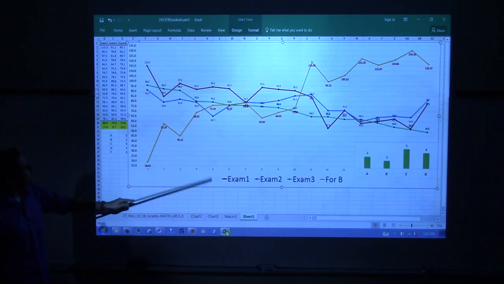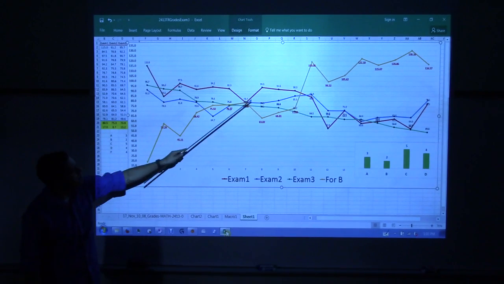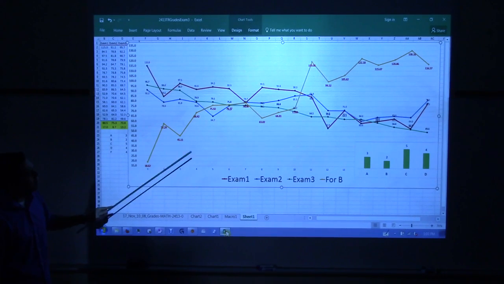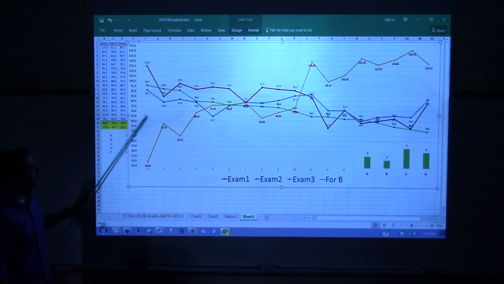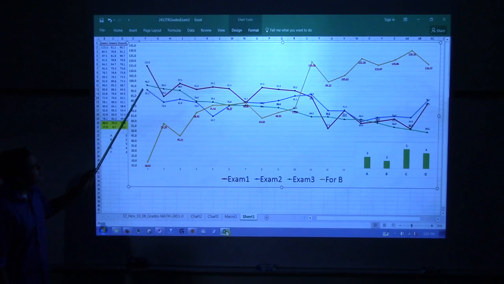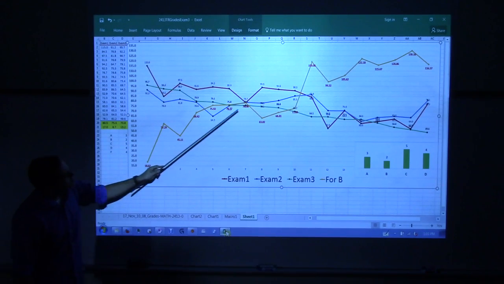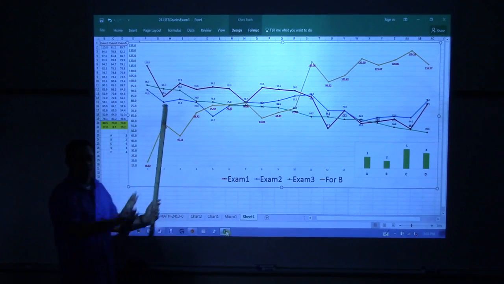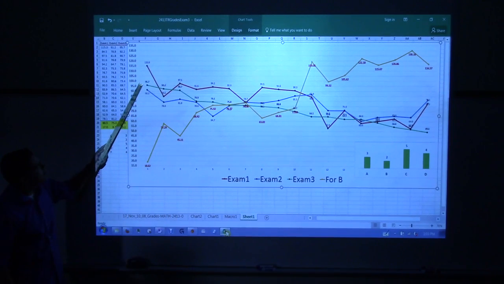The red bar graph, or scatter graph here, is exam 1. The blue is exam 2, and the green is exam 3. And I've got it basically ordered where the green, notice the green just descends. That means it's sorted so that the highest score on exam 3 was a 95.7, and then it goes down.